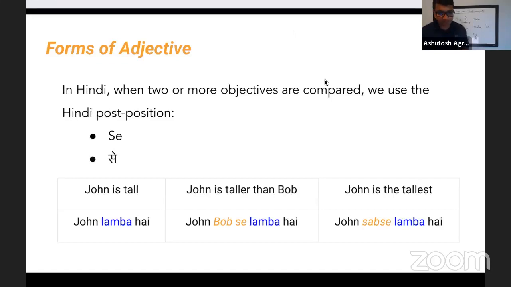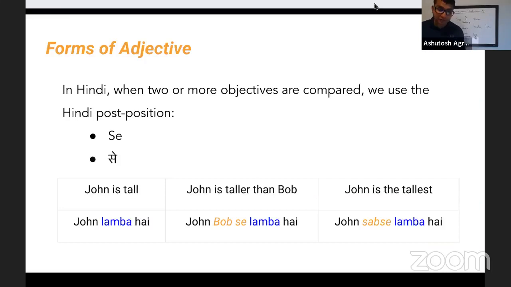Okay, let's keep going. So again, just to recap here, when two or more objects are compared, you first think about how you will say the sentence, which is John lamba hai. Okay, and same thing in the paragraph. If you remember, Sarah daudti hai. Sarah runs. Okay, you want to use an adjective. Sarah tez daudti hai.